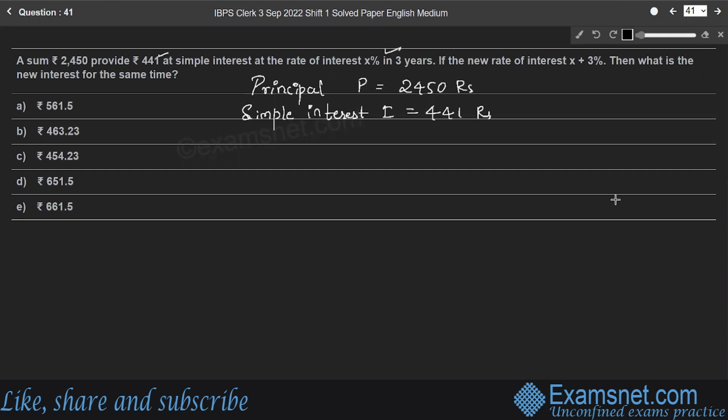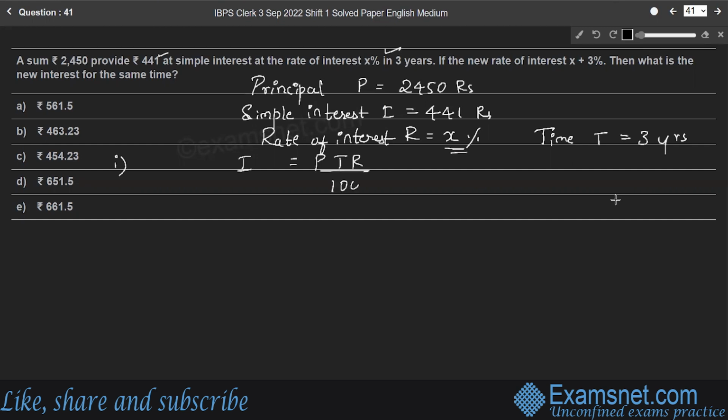And here rate of interest R is X%, whereas time period T is equal to 3 years. Right? So in first case, let us find rate of interest using the formula. Simple interest I is equal to PTR by 100. Therefore, R is equal to 100 into I by PT.